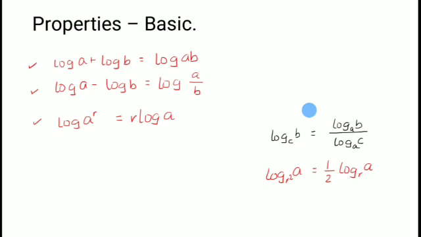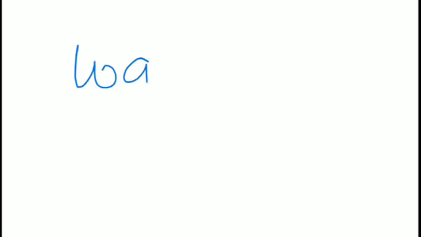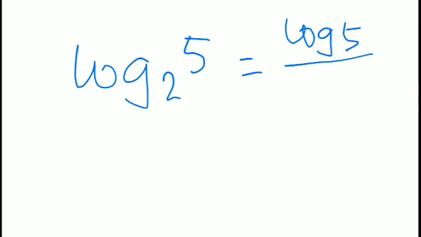If I say log b base c, then it can also be written as log b by log c, and you can introduce a third base over here. That means if your base was c, then in both you have to apply a common base, like here I have applied a, as you can see. So let's say if I have log 5 base 2, then it can also be written as log 5 by log 2, with the base being, let's say, 2 or 3 or whatever it is.